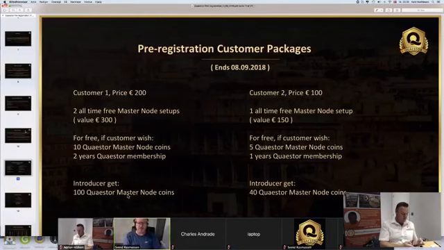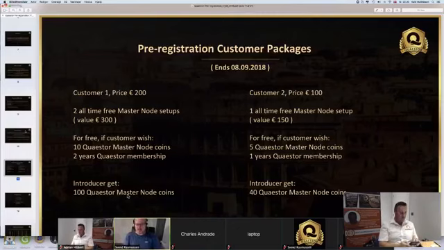And you will also get 10 Quaestor coins. If you then go to work and help build the foundation, every person you introduce on that product package, you will get 50 euro in fast start bonus. And you will also get 100 Quaestor coins that will be set up as those first 300 masternodes.